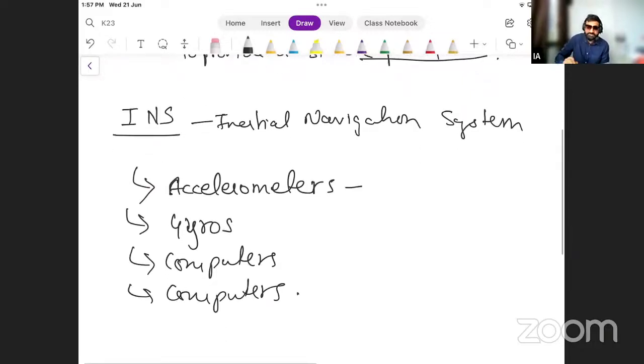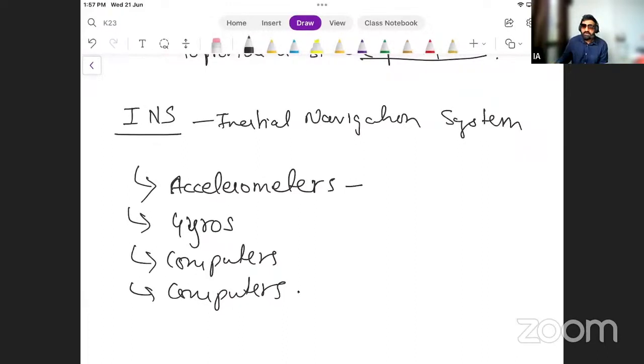Now, accelerometers are the main primary sensors in any inertial system or inertial navigation system. When I say primary, it means the main element that actually gives me my inertial navigation based data. That in itself is the accelerometer. Now, how does this accelerometer work? The accelerometer is considered to be a pendulous device.